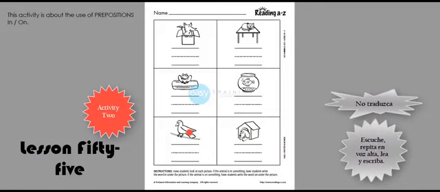Cada uno de esos animales está ubicado en un determinado lugar. Por lo tanto, in y on son prepositions of place que expresan dónde está ubicado el objeto o la persona.